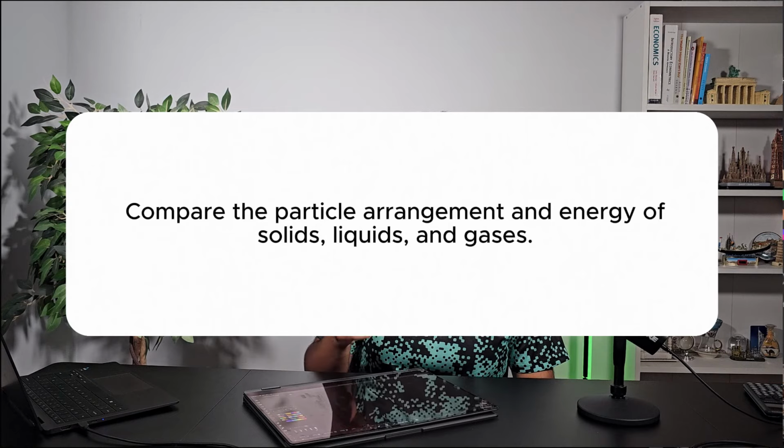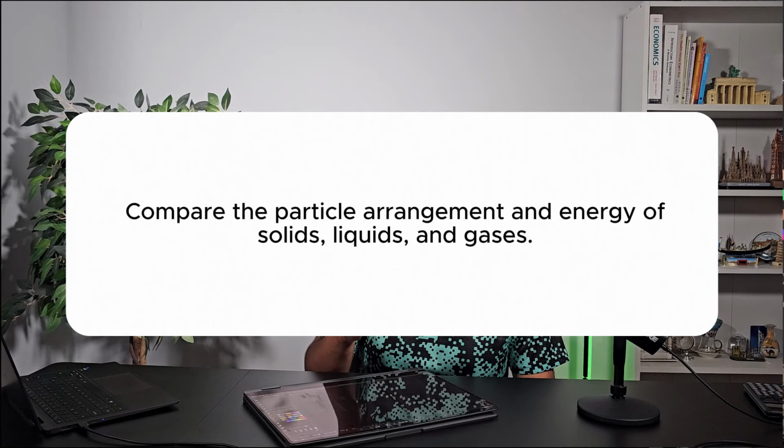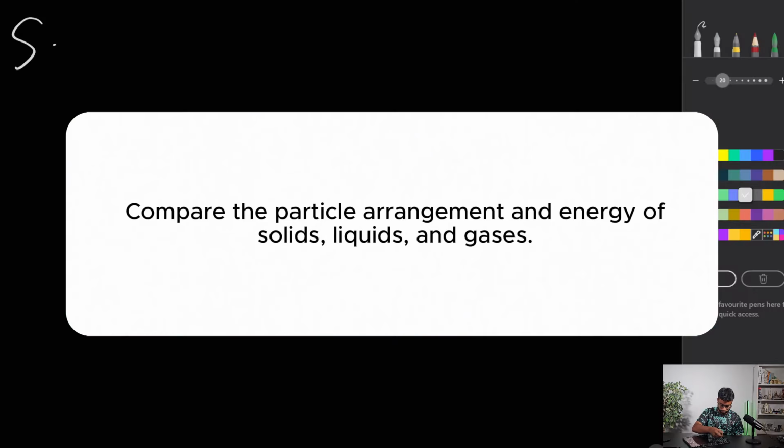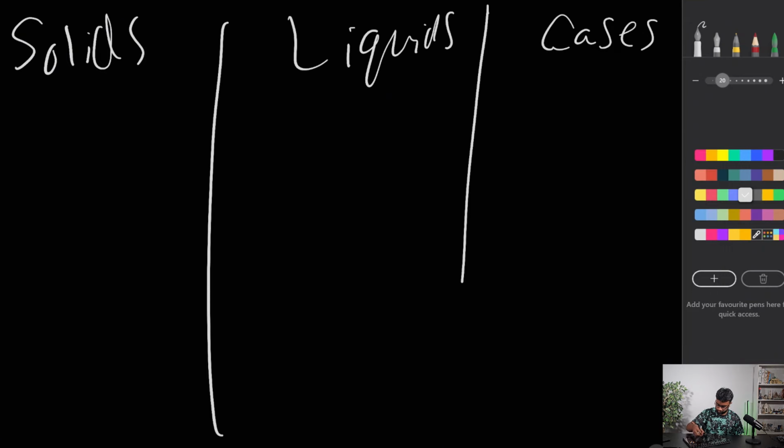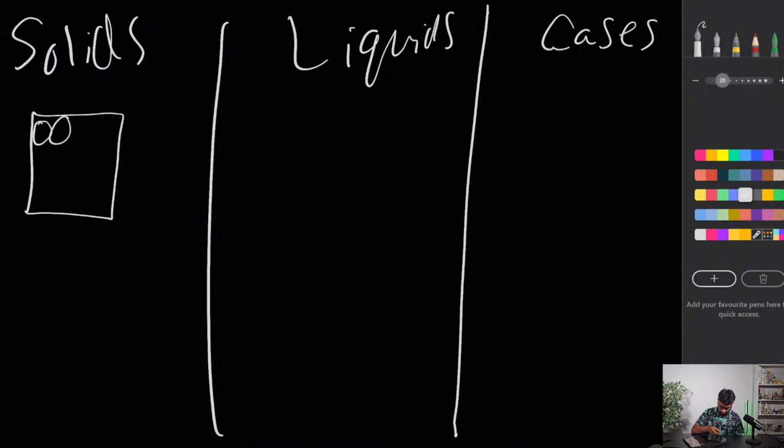The next question tells us to compare the particle arrangement and energy of solids, liquids, and gases. So in a solid, the particles would look like this. They'd be tightly packed next to each other and they'd vibrate about fixed positions.